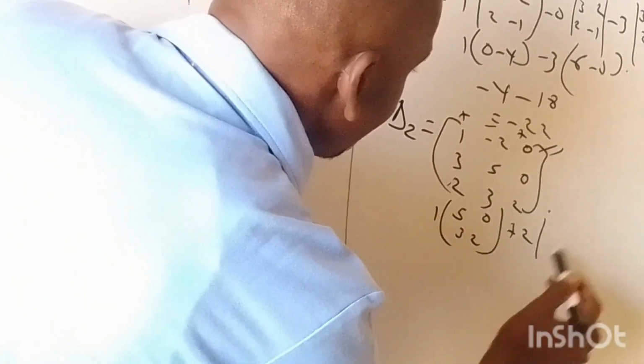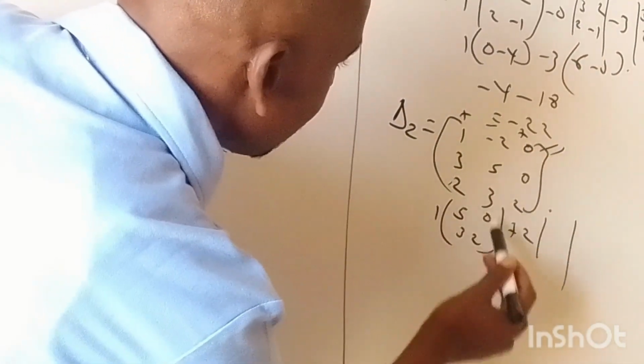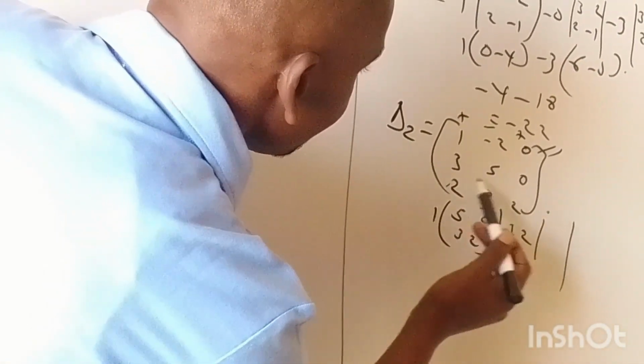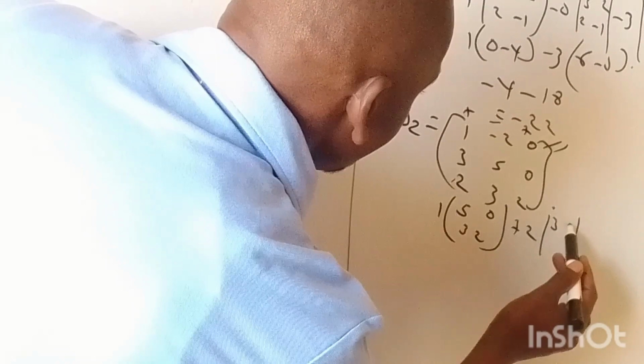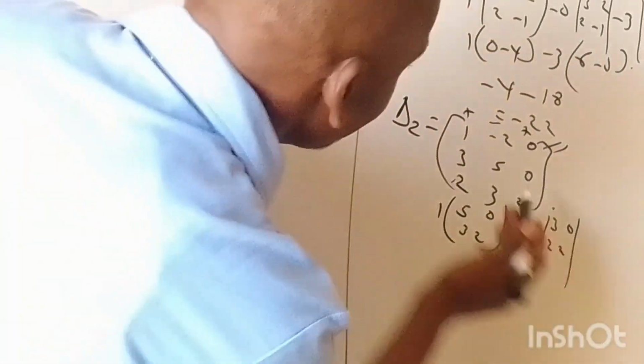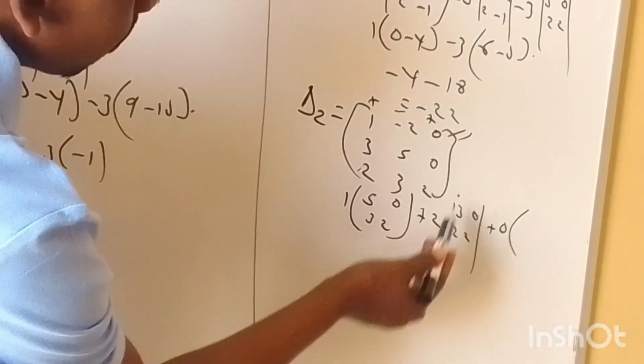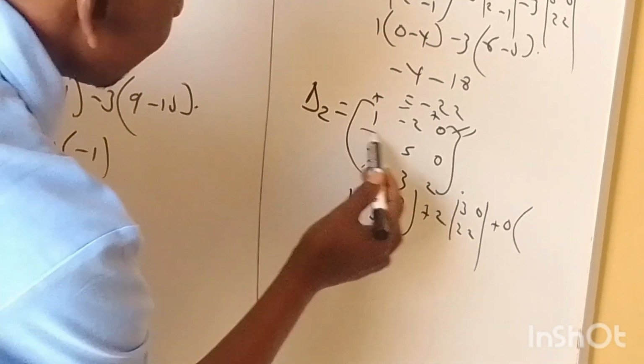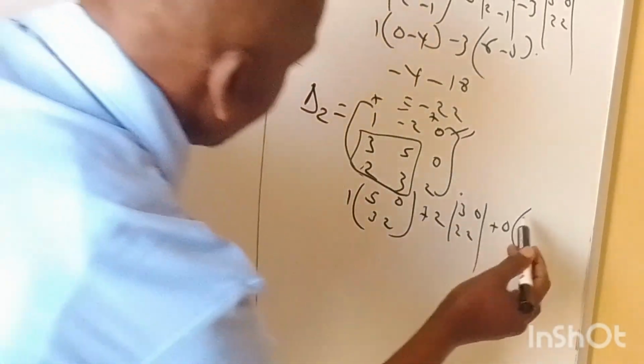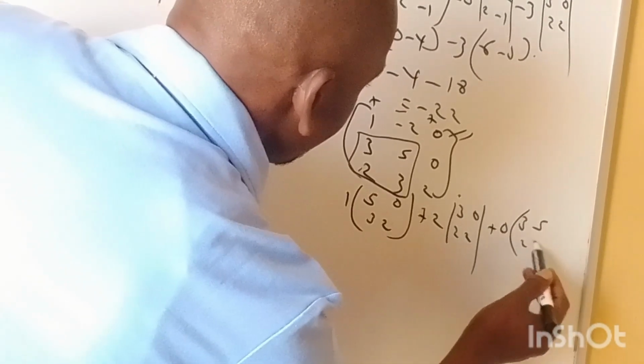Eliminate 2 vertical and horizontal, so we are left with 3, 0, 2, 2. Then the last part, which is plus 0, and eliminating, the remaining 2 by 2 matrix is 3, 5, 2, 3.